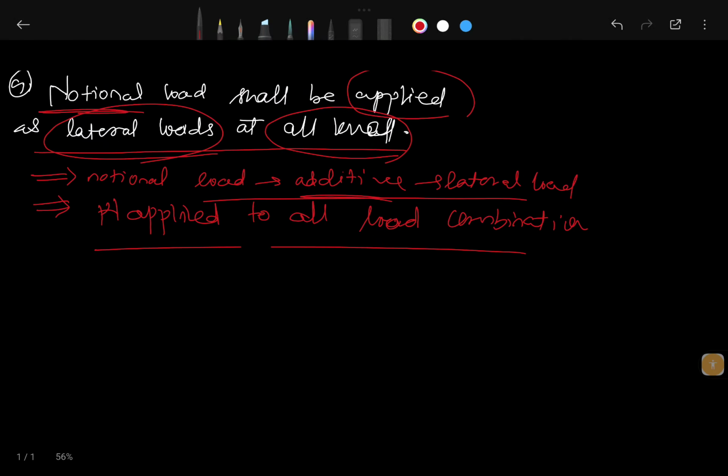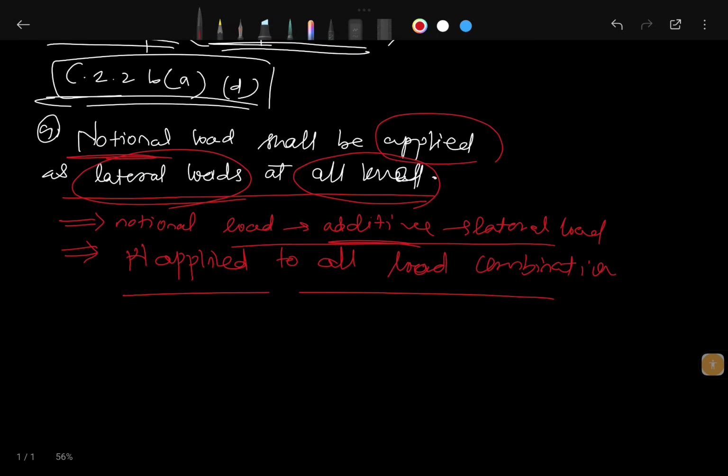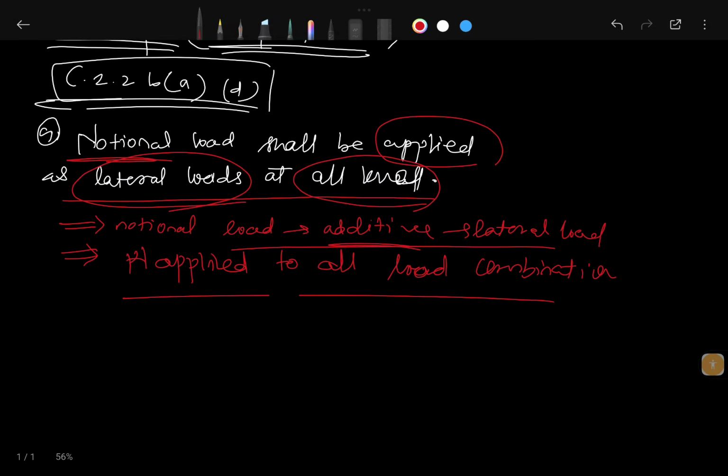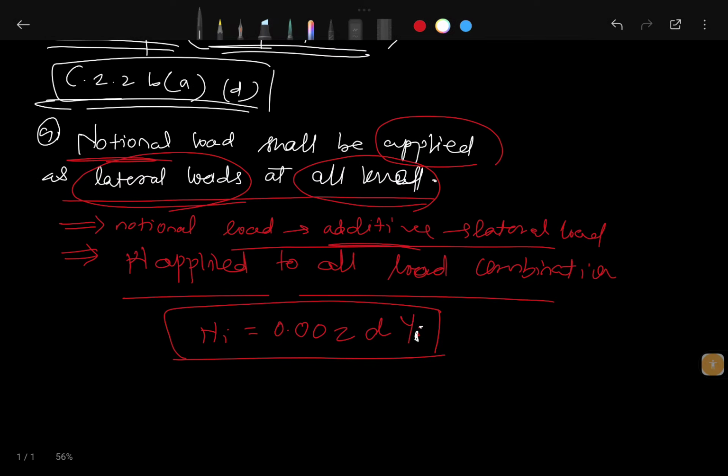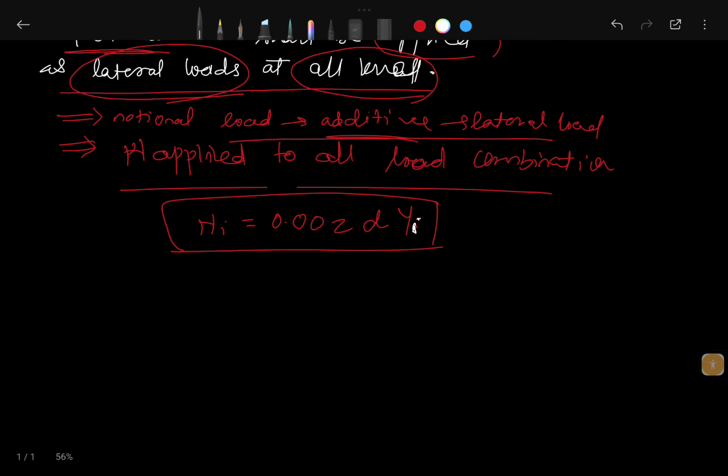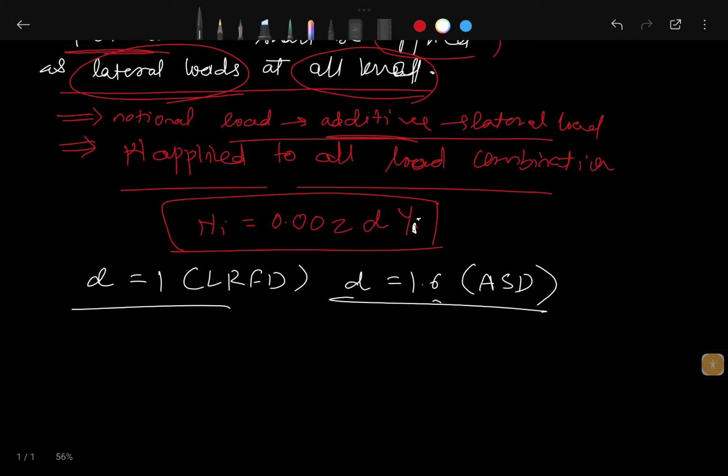Here the formula given by AISC 360: Ni is equal to 0.002 alpha Yi. So here alpha is equal to 1 for LRFD if we apply the LRFD method, and alpha is equal to 1.6 if we use the ASD method. So this difference you can see.